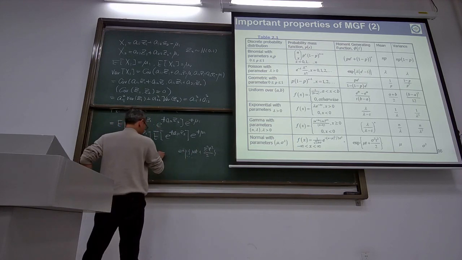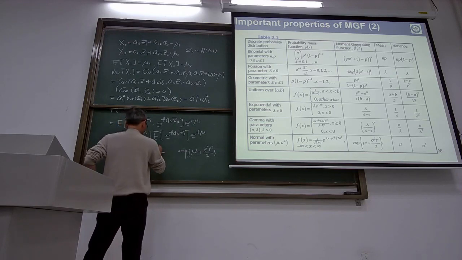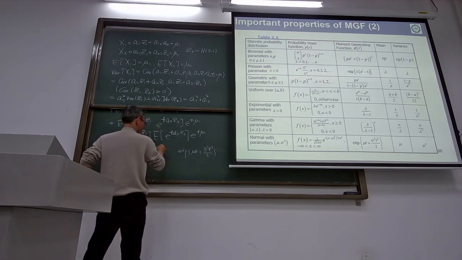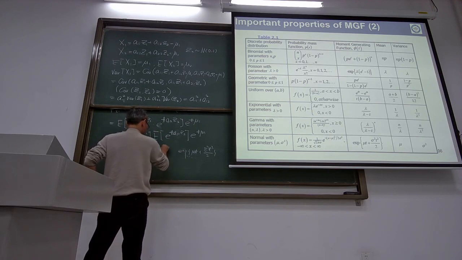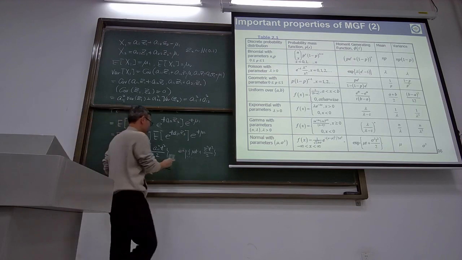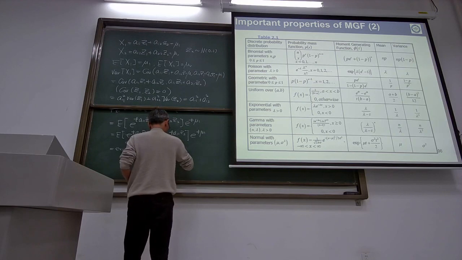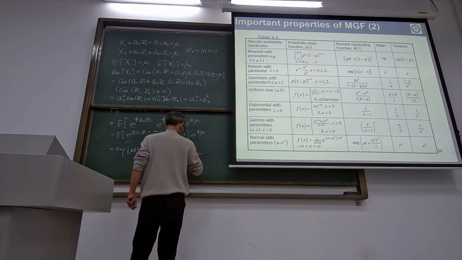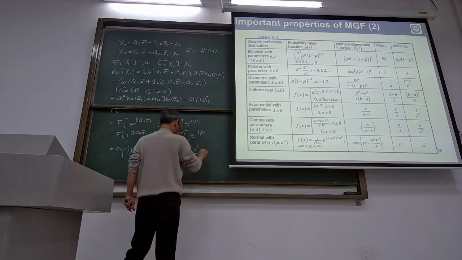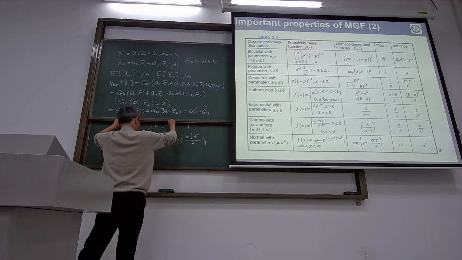This gives exponential of A11 squared t squared over 2, and by the same reasoning exponential of A12 squared t squared over 2. Then rearrange the terms.